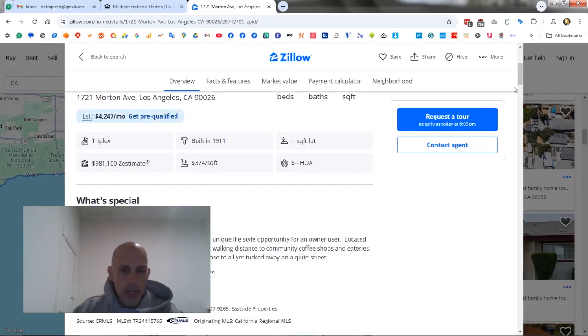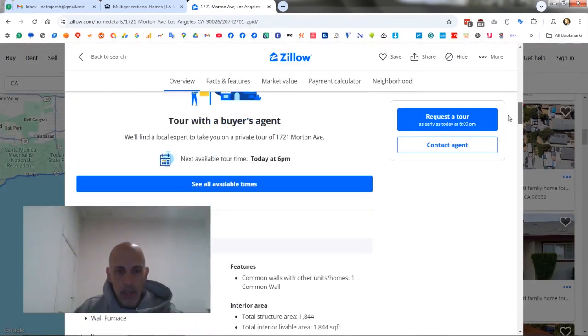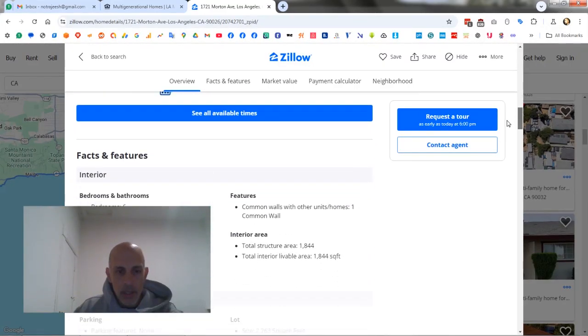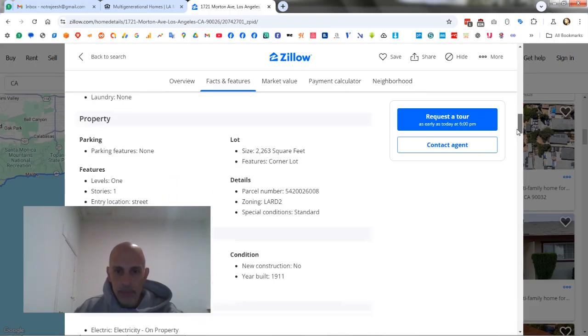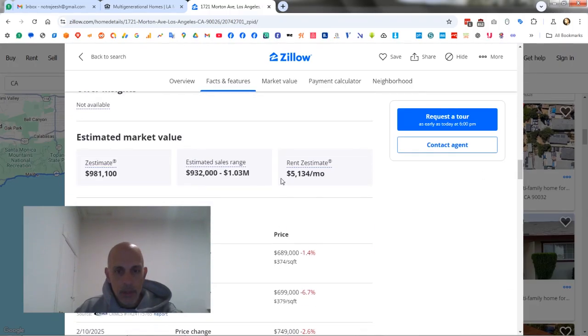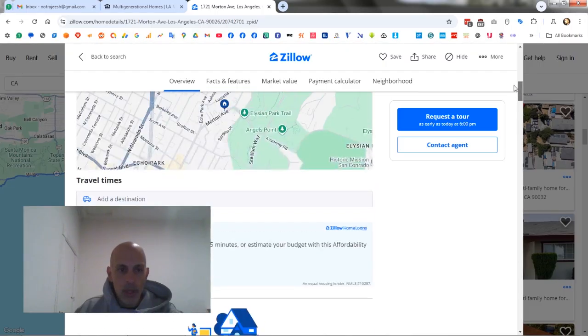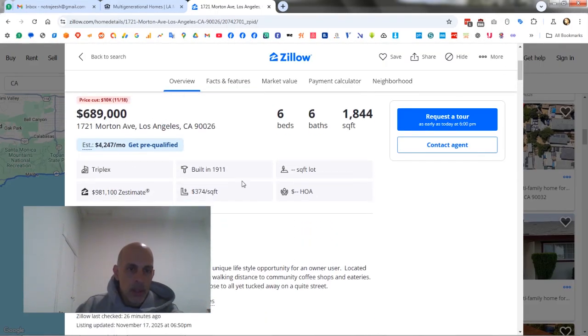This is a triplex. Really depends on what the rents are. $51.34. So let's see here. 90026.